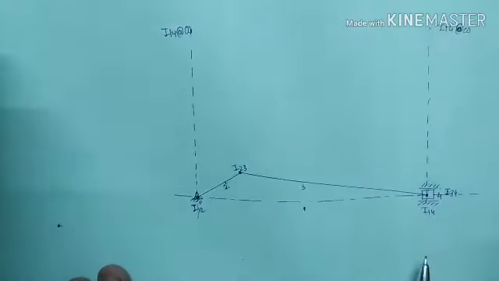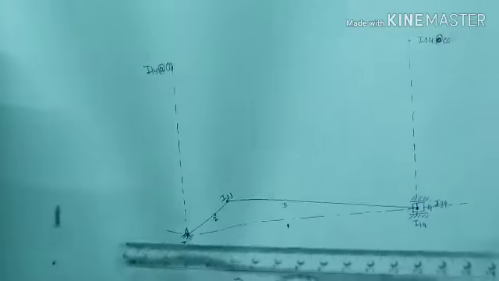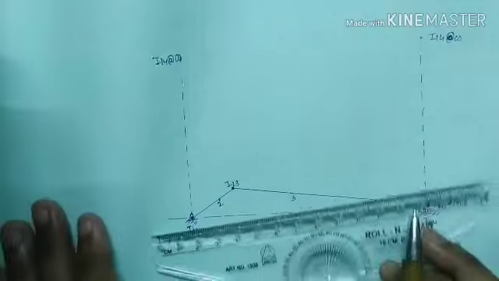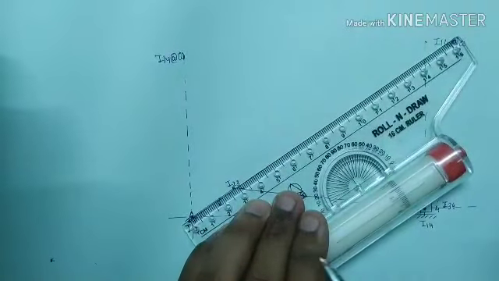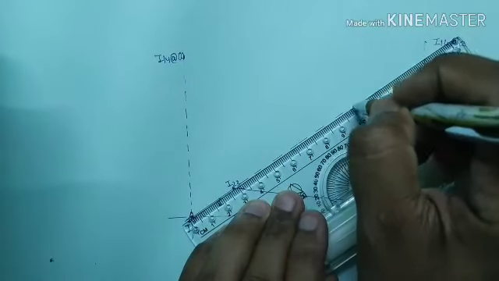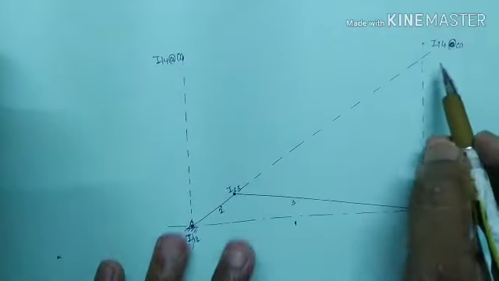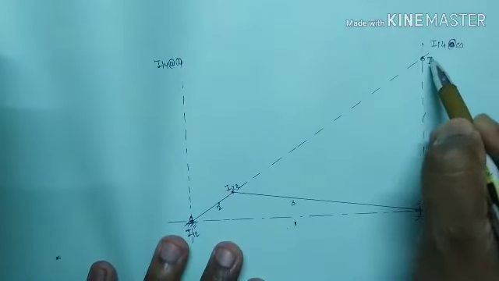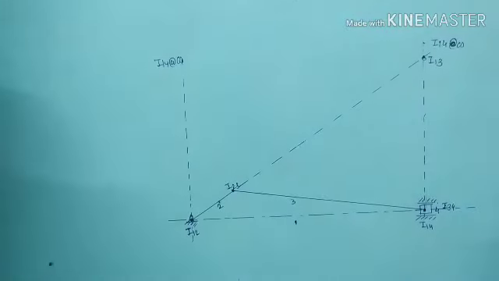So we have to join this particular line. Now at this point we are getting I13, that is our 5th I center.